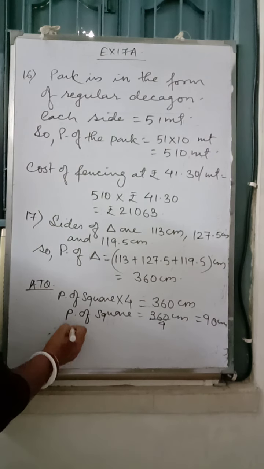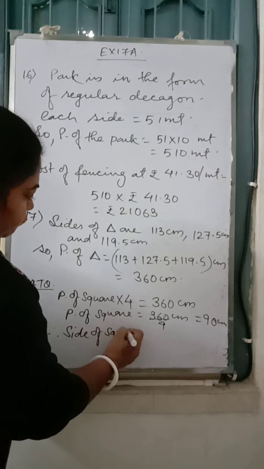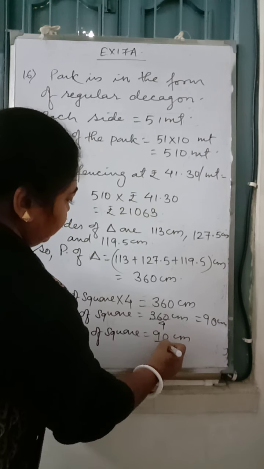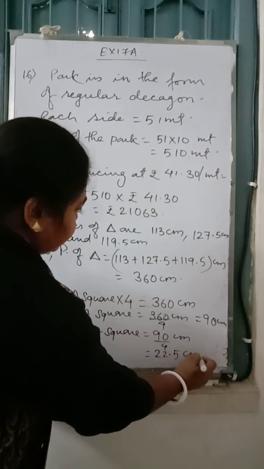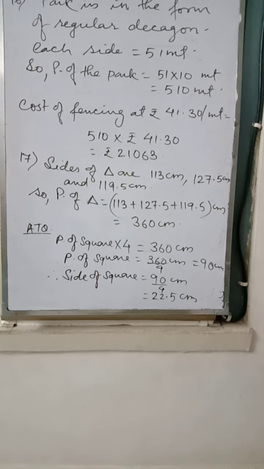We'll just divide 90 centimeter by 4, then that is 22.5 centimeter, the side of a square. Here they have asked you to find the side of square, so the side of square will be 22.5 centimeter. It was for question number 17.